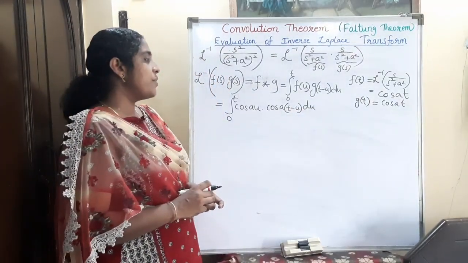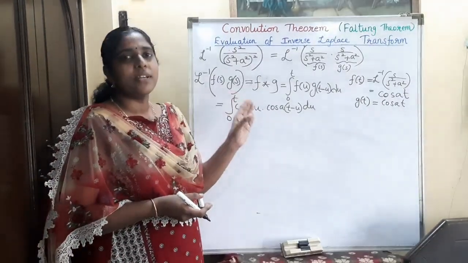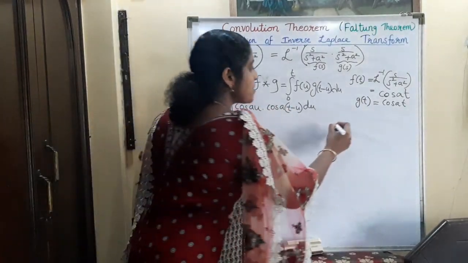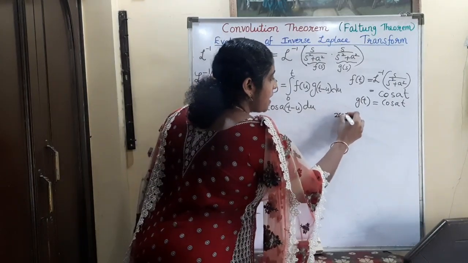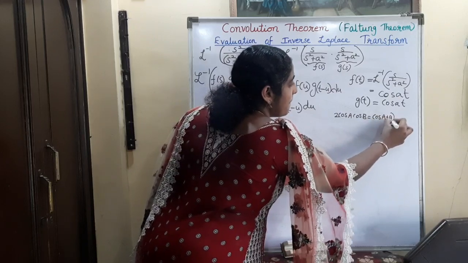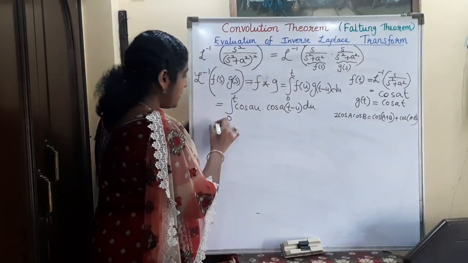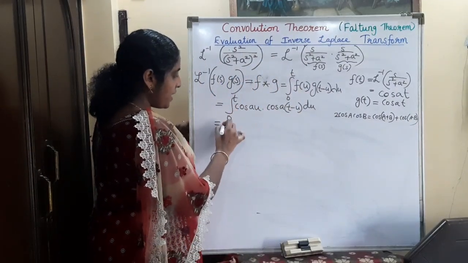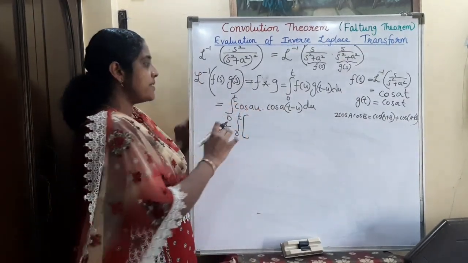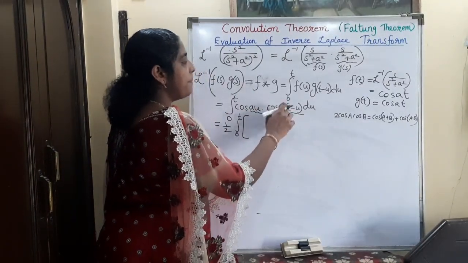Okay, now we have to apply these trigonometric relations. We should have a clear knowledge about all the trigonometric relations. What is 2 cos A cos B, 2 sin A sin B, etc. So what is 2 cos A cos B? 2 cos A cos B is cos A plus B plus cos A minus B. Okay, so when we are applying here, there is a lack of 2, so we can write it as 1 by 2 integral 0 to t cos A plus B plus cos A minus B. So this is A, this is B. So A plus B, au plus at minus au.